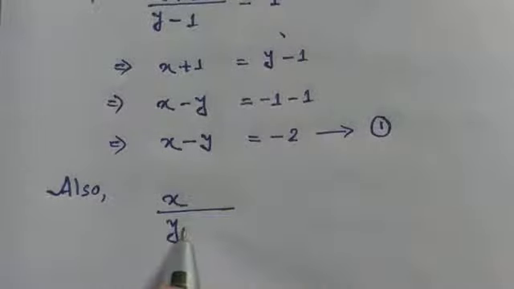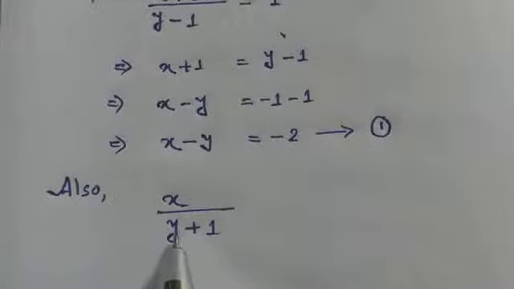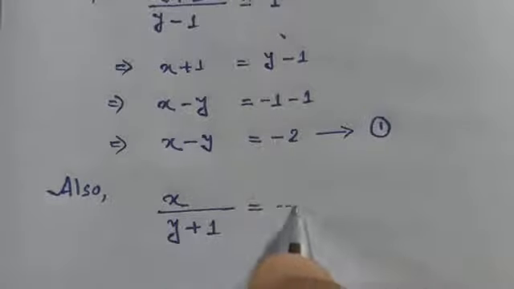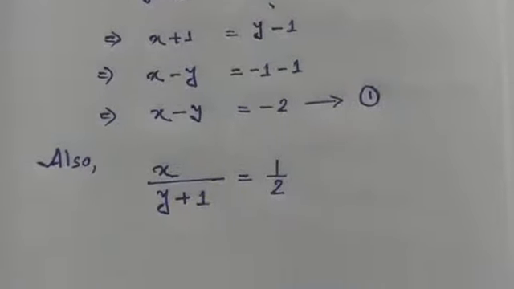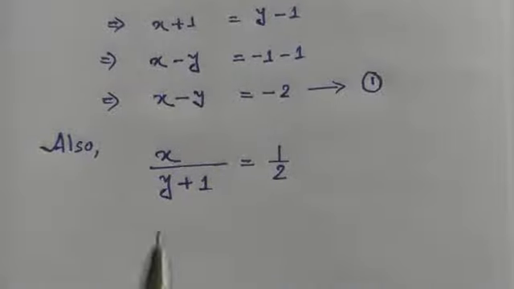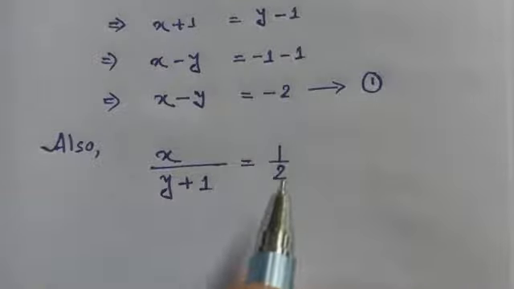Now what to do? With the denominator we are adding 1, and when 1 is added to the denominator, that is y plus 1, the fraction would become 1 by 2. Okay, that is half. This is the second condition. If we add 1 to the denominator, the fraction would become half.